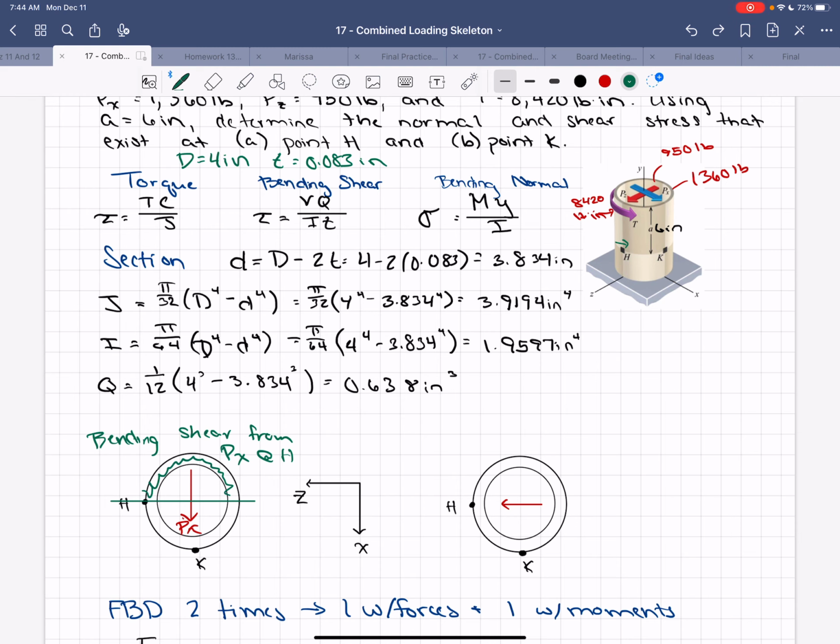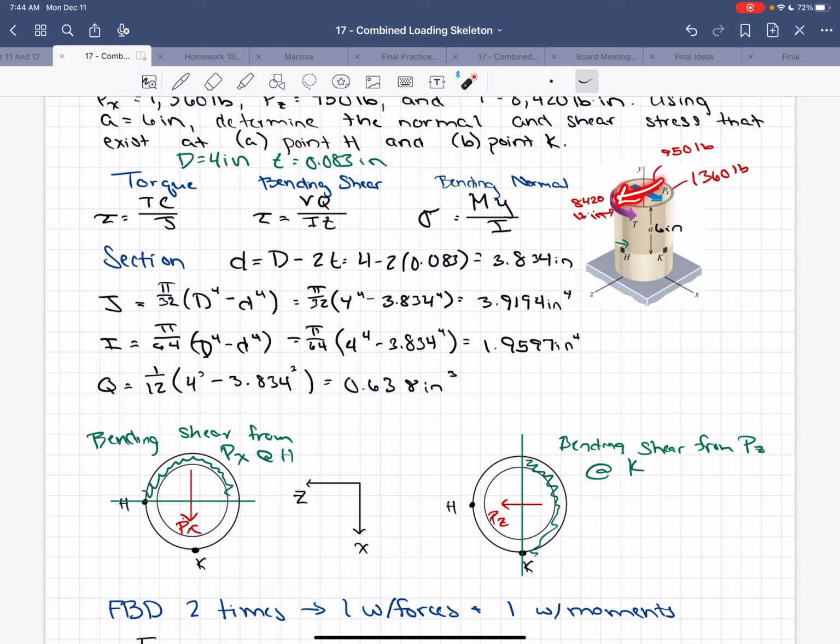But if we draw PZ, and then draw a line perpendicular to that through K, now we have a Q, and so we're going to have bending shear from PZ at K. And then again, we can go up here and look.